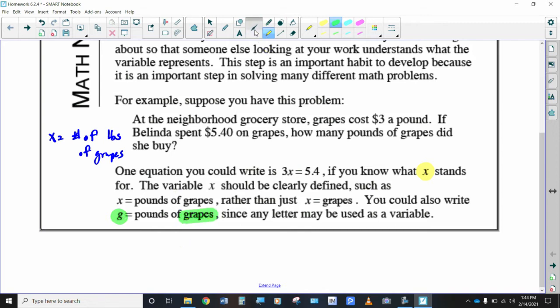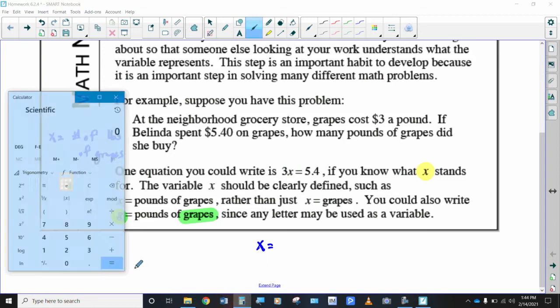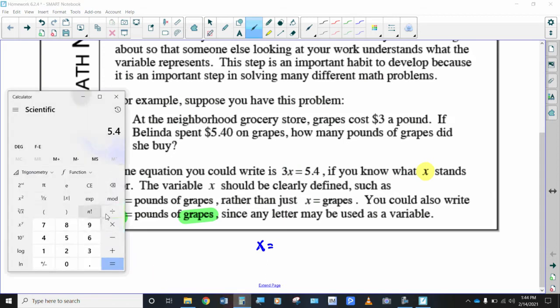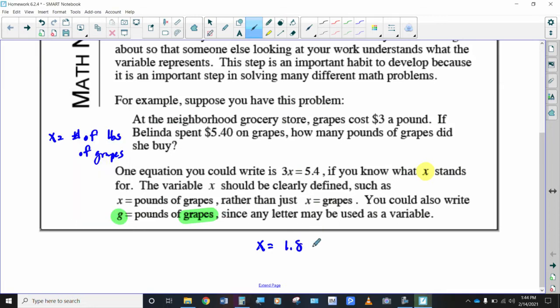Okay, so just to finish out this problem, we would divide 5.4 by 3, and so x has to be equal to, let's check this out, 5.4 divided by 3. That would be 1.8 pounds of grapes would be the amount that was purchased.